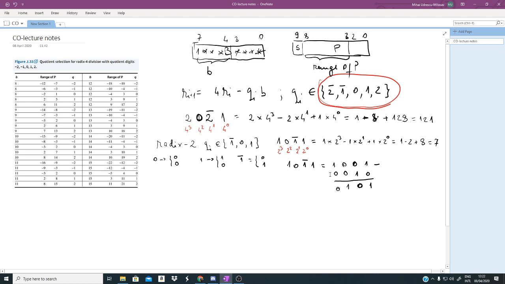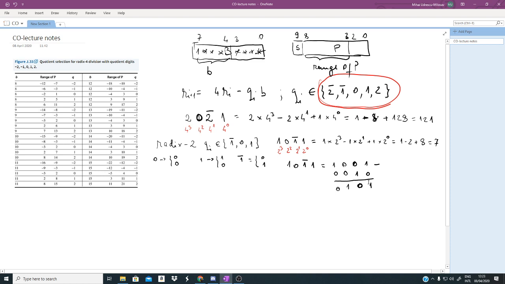Just a second. Here we have 9 minus 2, that's 7.